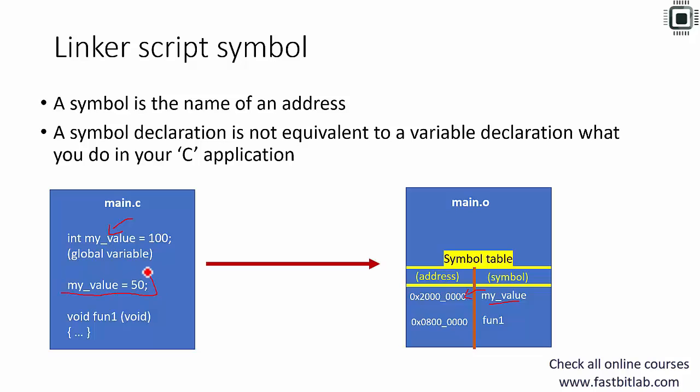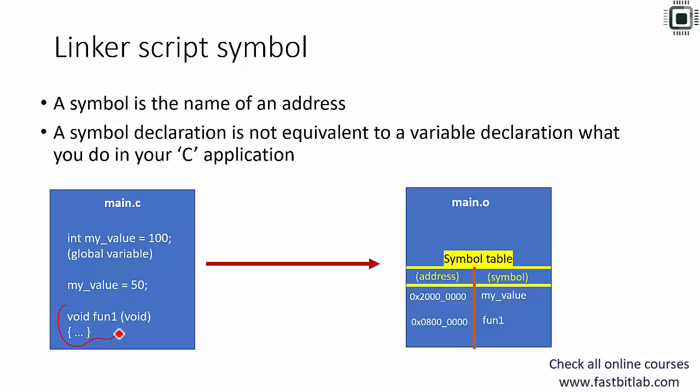When you do this, that means here you are trying to modify an address. For you, you are trying to modify a variable, but in the background you are trying to modify an address. So the address will be resolved by looking into the symbol table, which is maintained by the compiler in the object file. If you consider this function definition, here this is a function name, fun1.